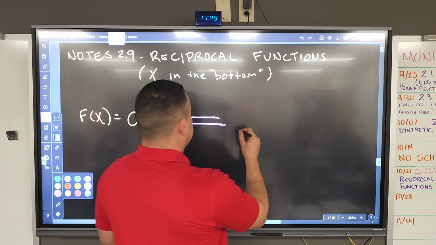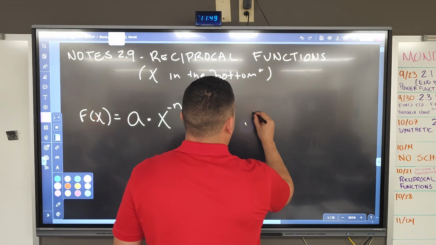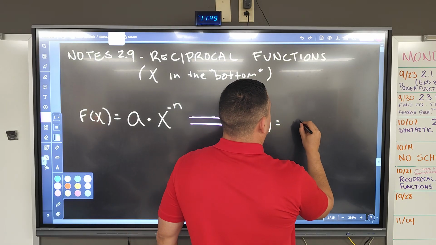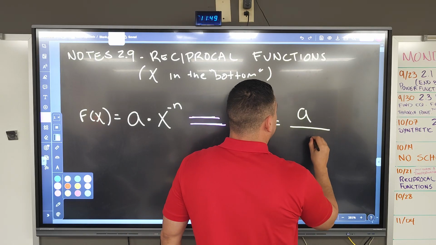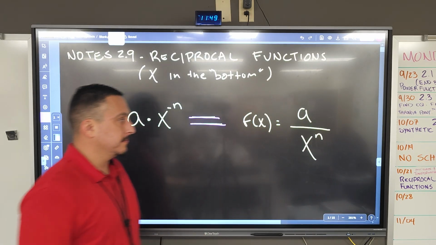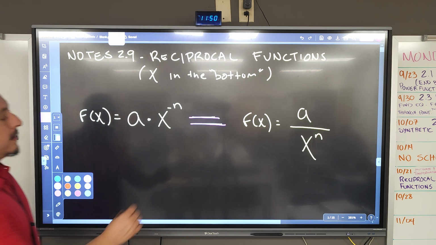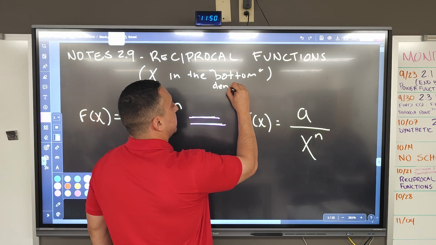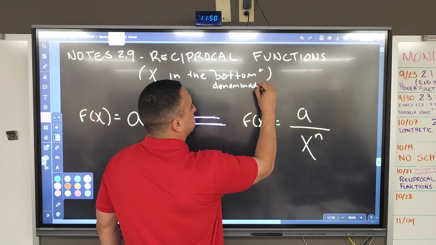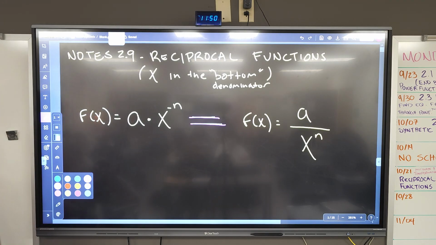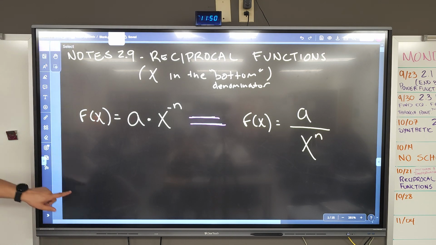But that's the same exact thing as f of x equals a over x to the n. So that's what we mean by x in the denominator. The denominator is the bottom, the top one is the numerator.